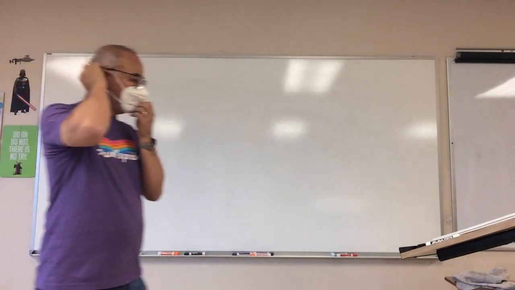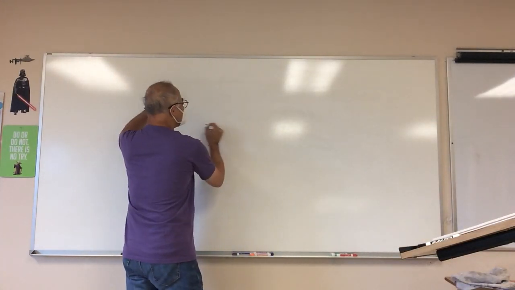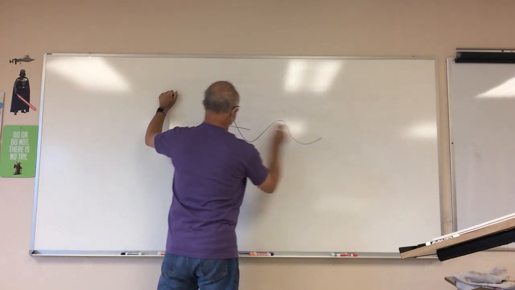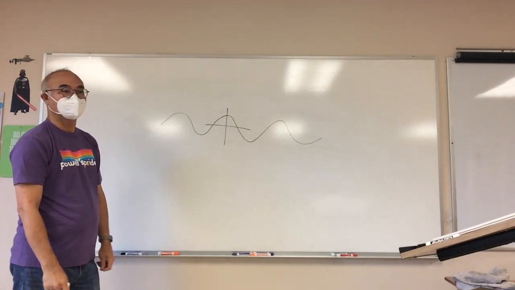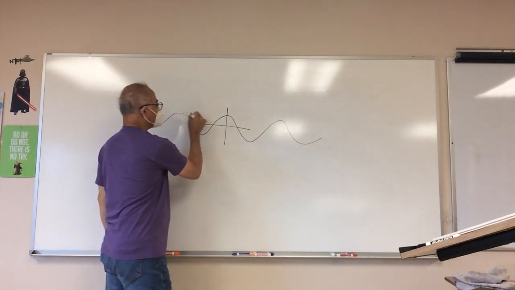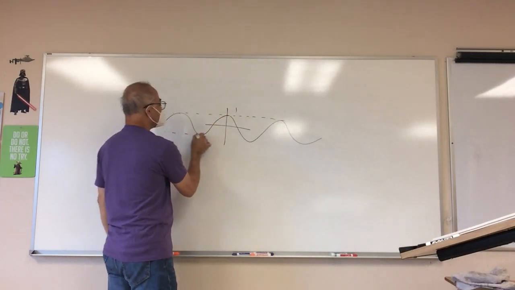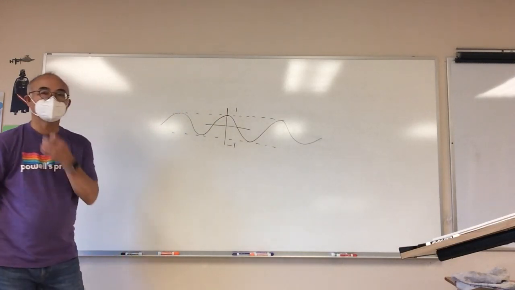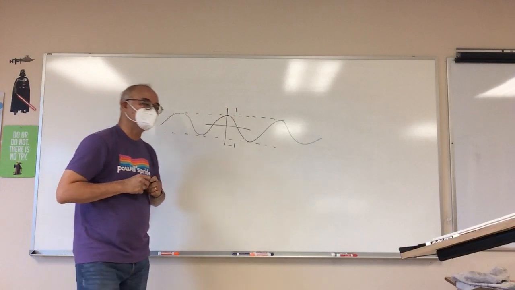It's called the sinusoid, right? It looks like this, right? Anybody know what this value here is? 1. What is this value here? -1. So cosine has to always be between -1 and 1.